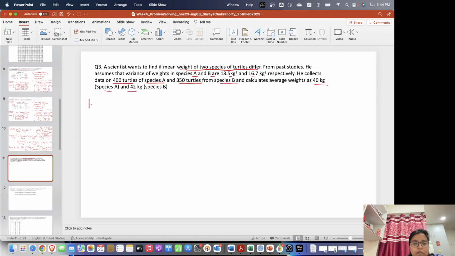So we have two samples here. Species A is one sample and species B is the other sample. So let's say this is NA, the number of samples he has collected information on is 400. Here it is 350.